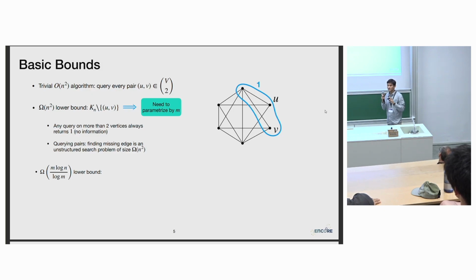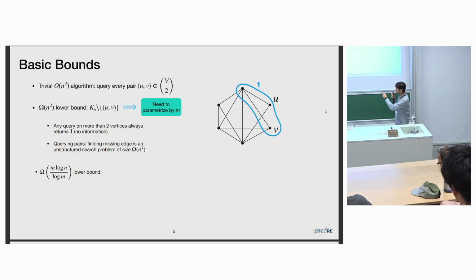So log of that is sort of the entropy of the space of graphs. And with each query, your answer is the number of connected components. What is the largest number there can be? Of course, not more than n. So you get something like m log n over log n, which is m.